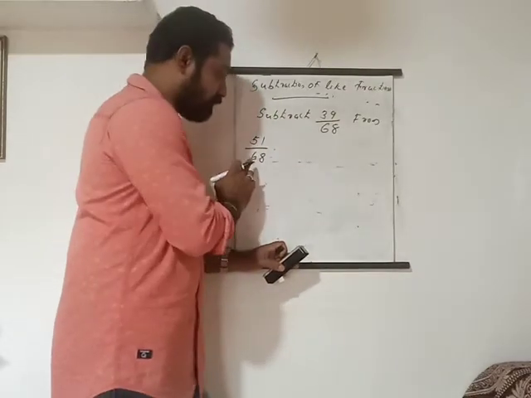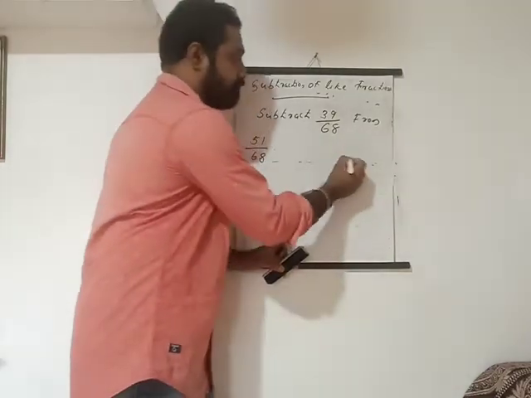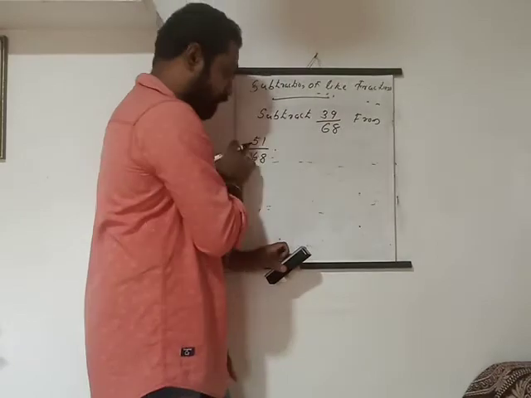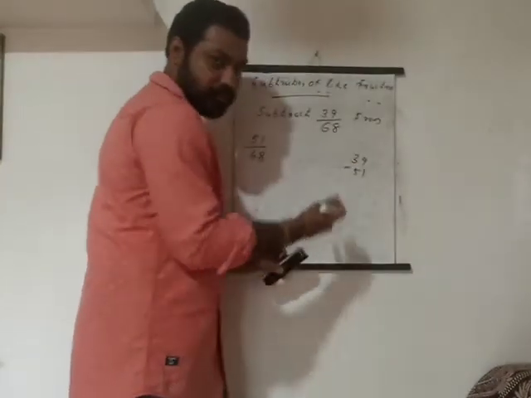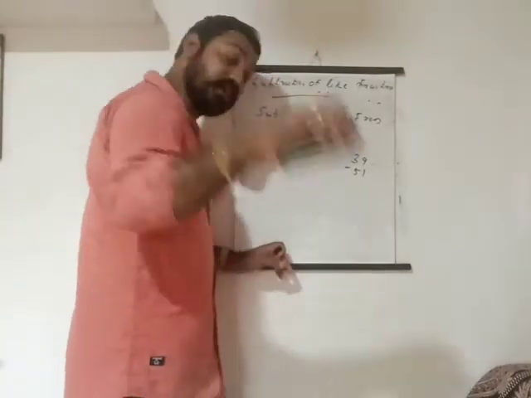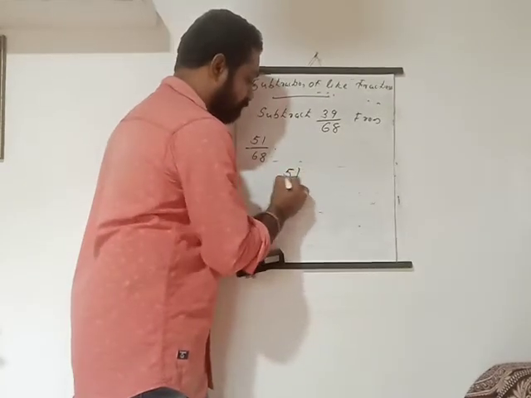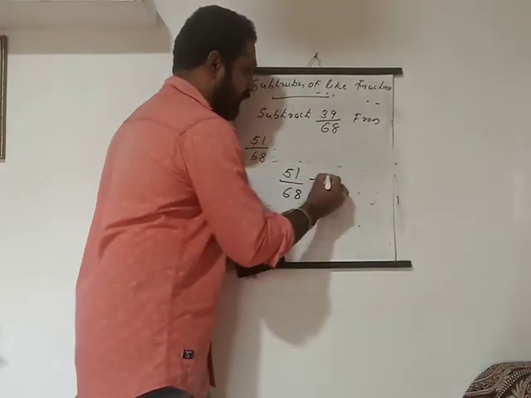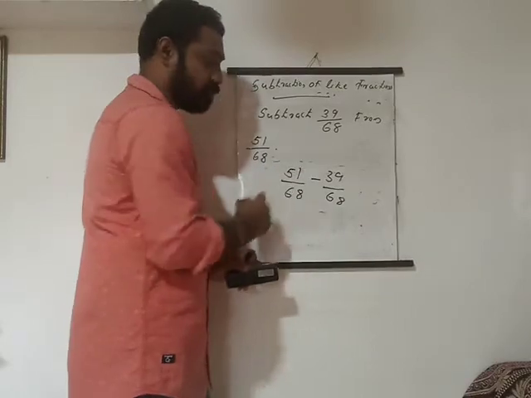Understand? 51 by 68 has to come first, because this is the bigger number, isn't it? We can subtract 39 from 51. Can we write it the other way and subtract? No, the bigger number has to come first. So we write 51 by 68 minus 39 by 68. Then only we can subtract it.